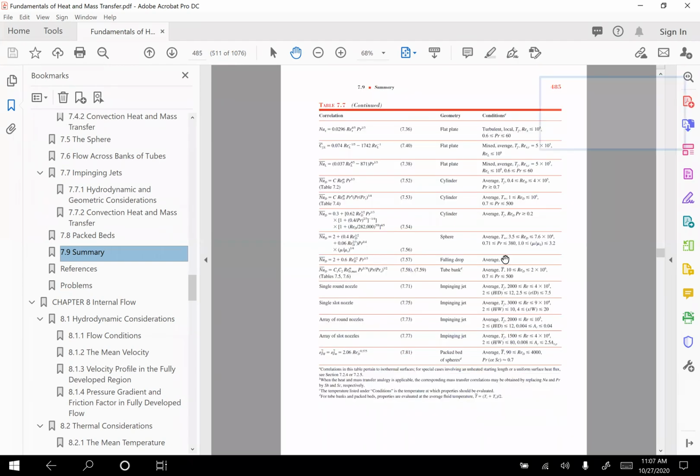We have fully turbulent conditions. So what you can do is use this equation right here, 7.38. Just so you know, in the book, it states that this is equal to 0 for fully turbulent.